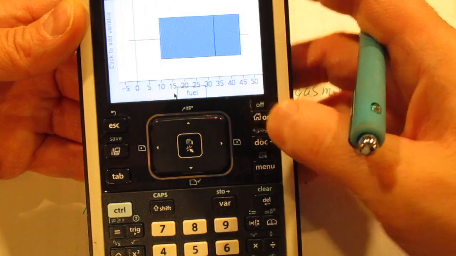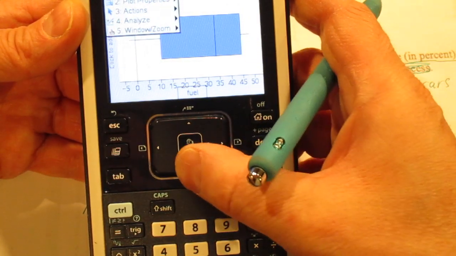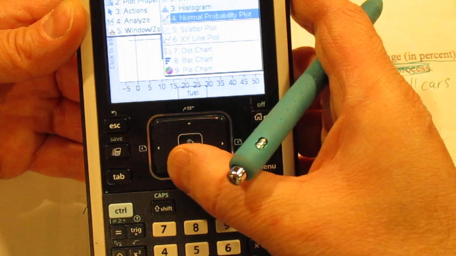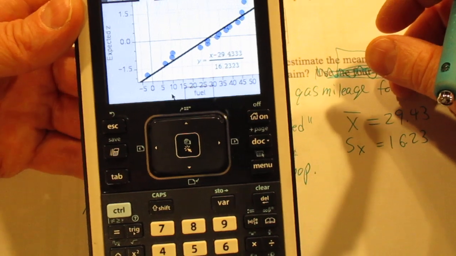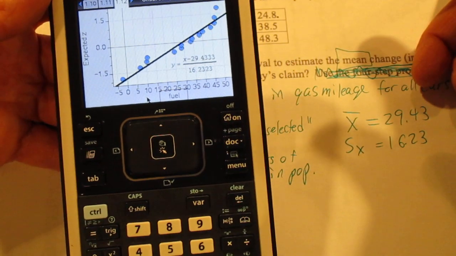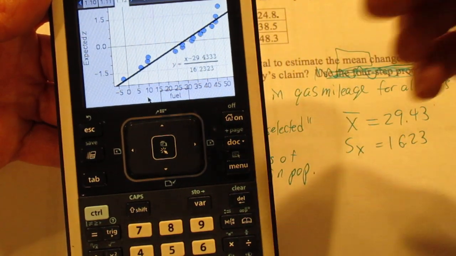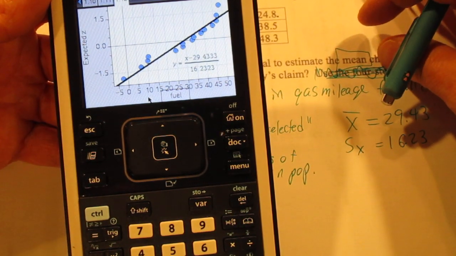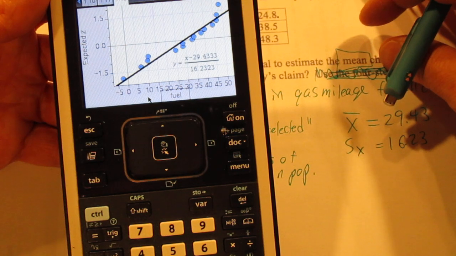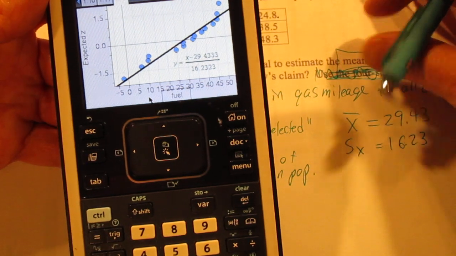Look at our graph. No outliers present, but let's look at one more, the normal probability plot. So on this one, remember you're looking for, is the data roughly linear? Sure does look linear. There's a little curve at the end, but I mean, my gosh.